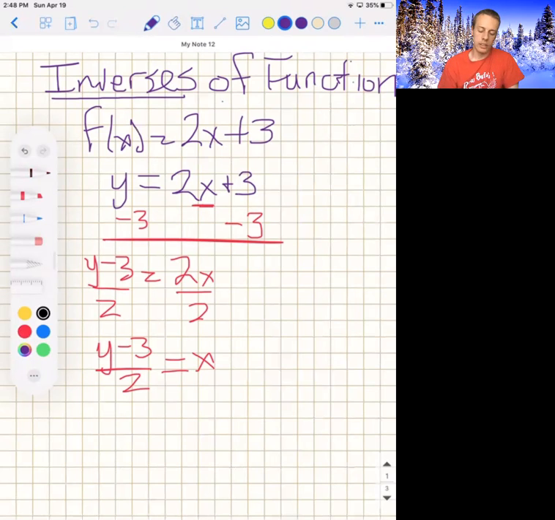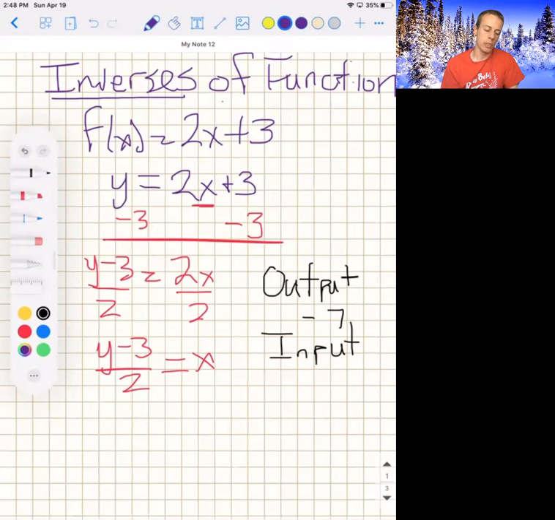What this does is, let's say we know that our output, or our y value, was -7. And we want to know, hey, what was the input, or what was the x value that goes with that output? Well, we could just plug in -7.